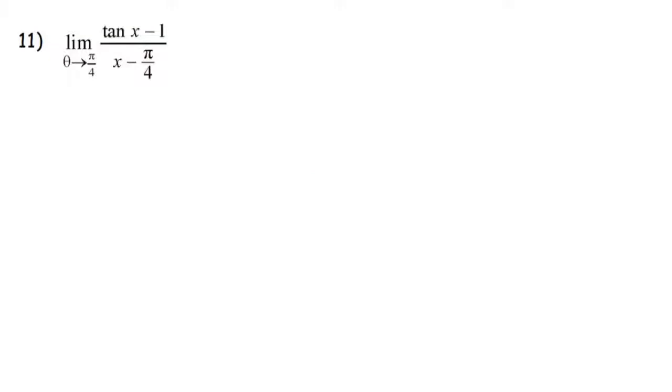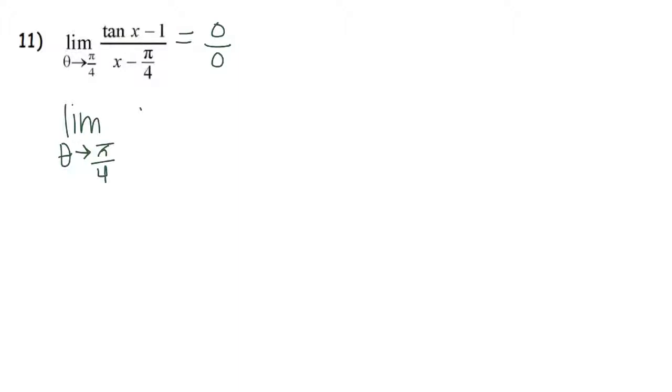Okay, moving on. Number 11, same idea again. If you plug in pi over 4, you do get 0 over 0, which means L'Hopital's rule again. So we have the limit as theta approaches pi over 4.